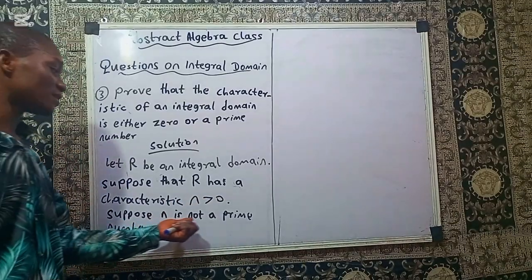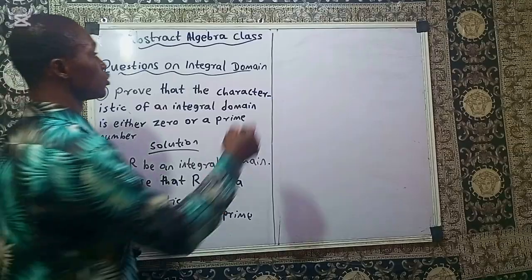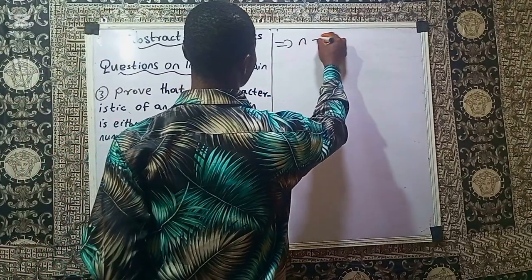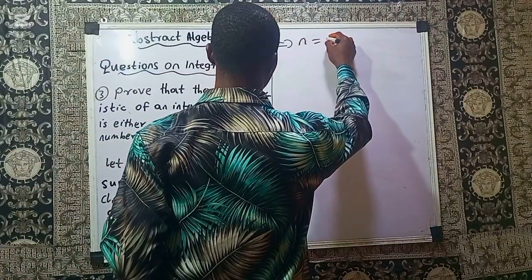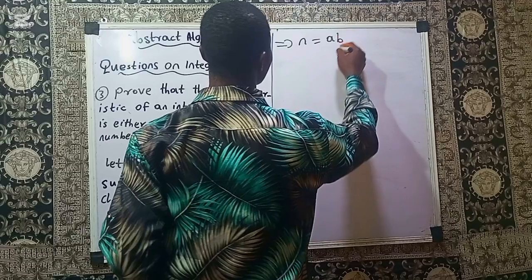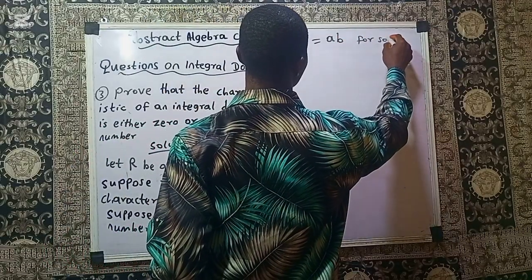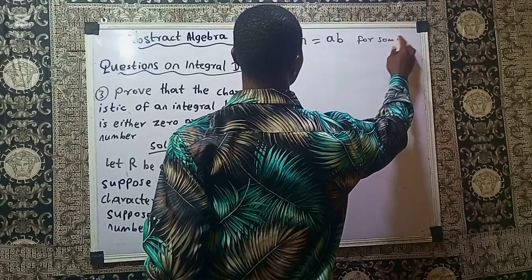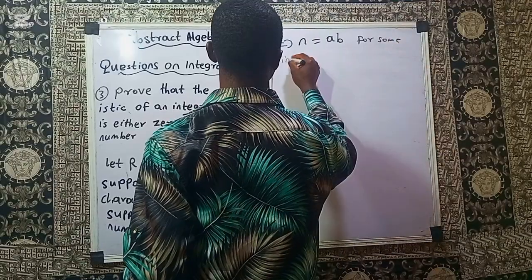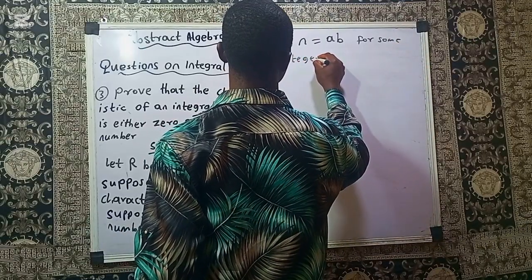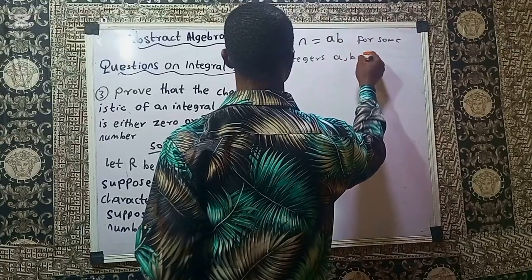So suppose that n is not a prime number. This implies that n is equal to a times b for some integers a, b.